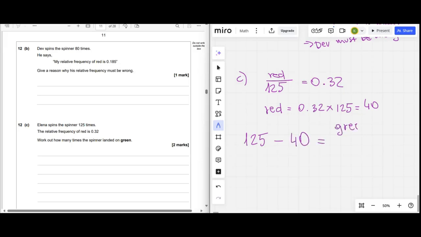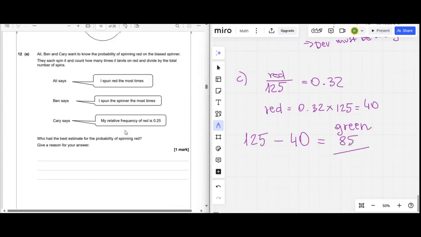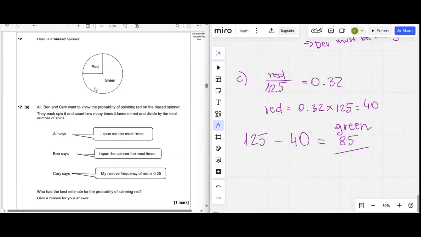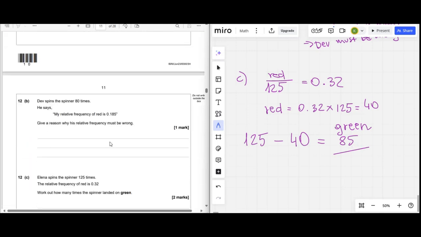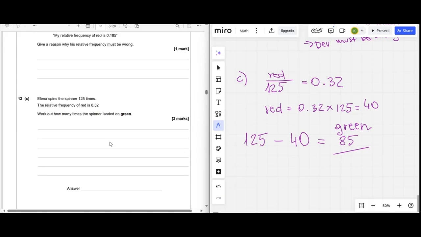The rest of them, right? The remaining part. 85. And it makes sense because green is the bigger part of the spinner, so more times of green makes sense. Yes. Lovely.